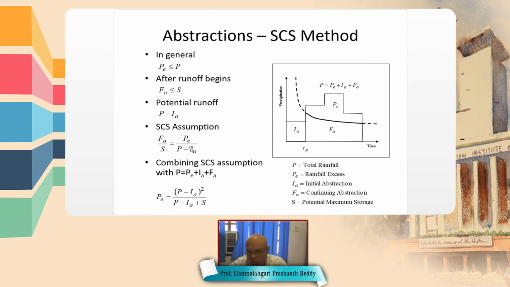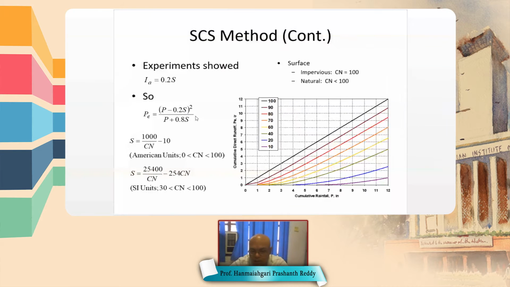From this assumption, they have calculated excess rainfall Pe equal to P minus Ia squared divided by P minus Ia plus S.